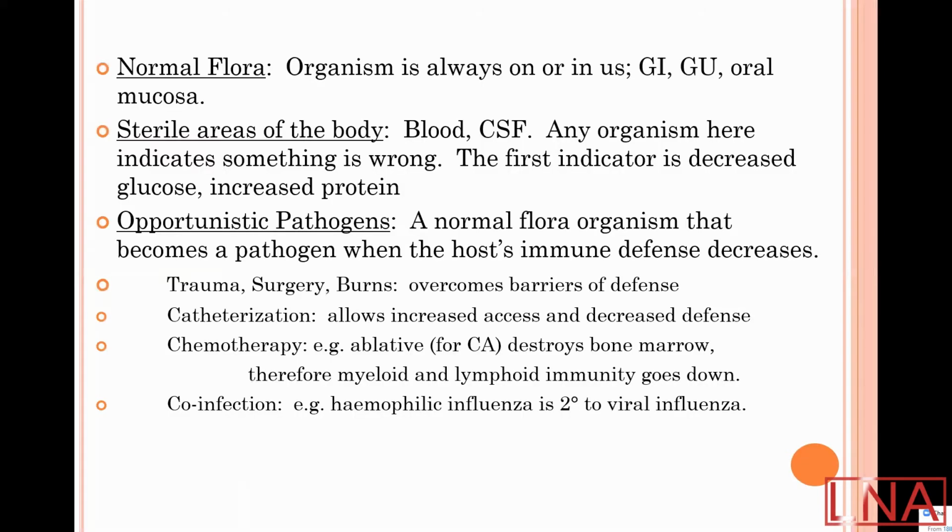Opportunistic pathogens are also normal flora organisms that become pathogens when the host immune system defense decreases, or when they get into non-specific areas, for example from the surface of the skin. It comes inside the skin during trauma, surgery, operations.